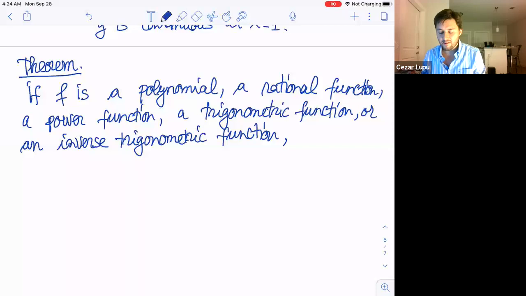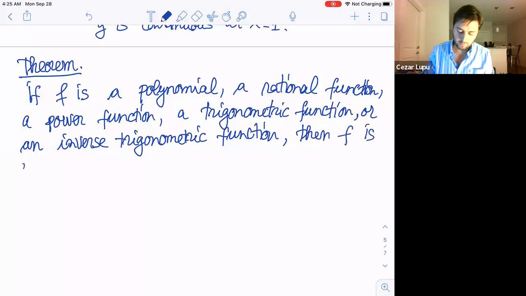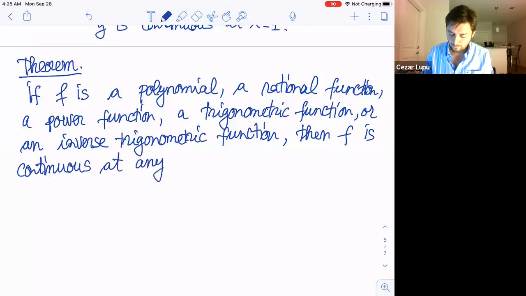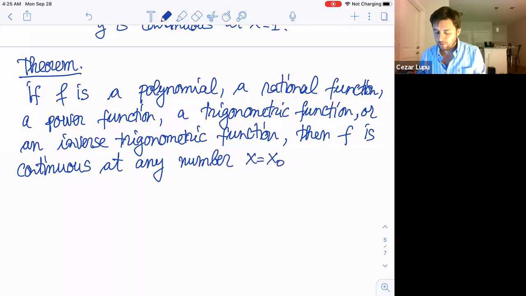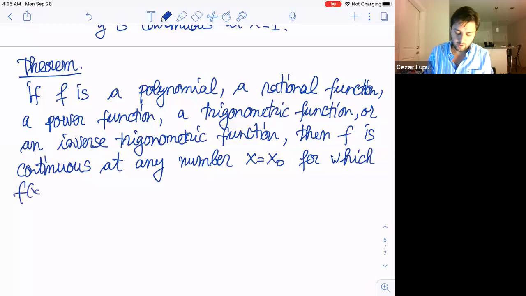then guess what? In other words, all these functions that I just mentioned are what we call elementary functions. In other words, if f is an elementary function, then guess what? Then f is continuous at any number, say x equals x naught, for which f of x naught is defined, right?